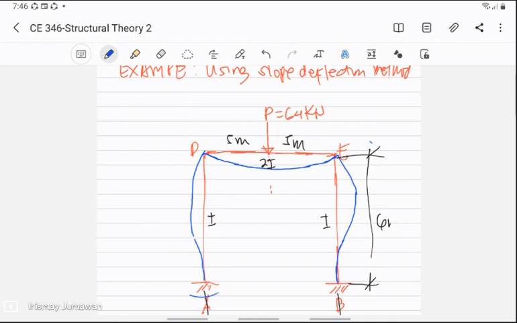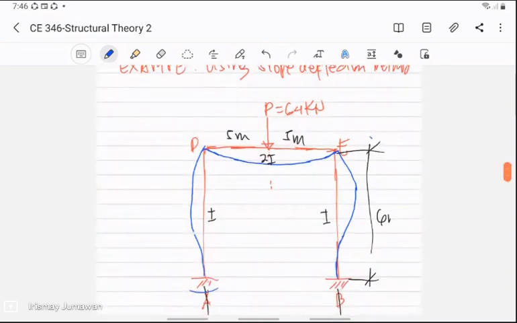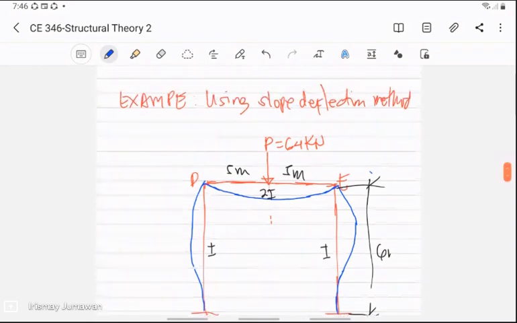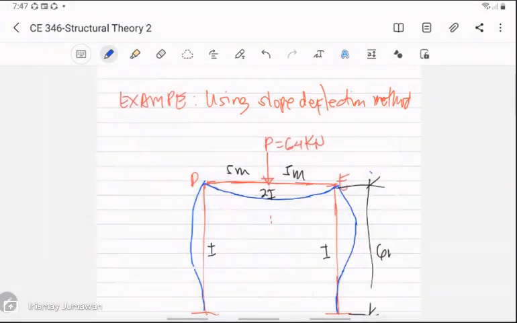That is how your elastic curve looks. We will use the slope deflection method in the analysis of the frame. You can analyze this using the moment distribution method also. Okay, so here, for the slope deflection method, we will follow the steps. So we have to determine the fixed end moment at each span.